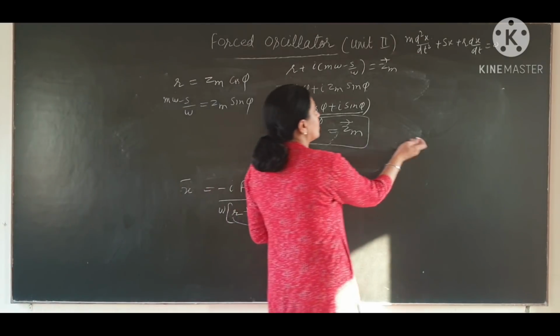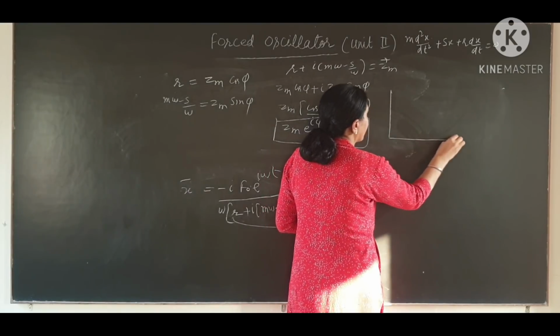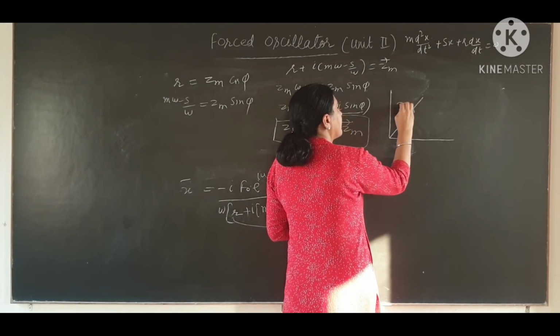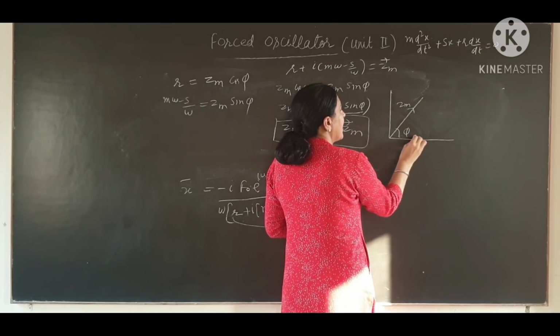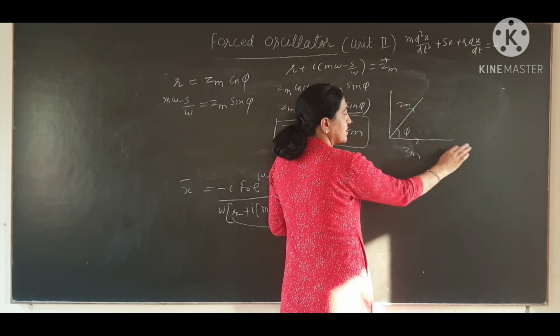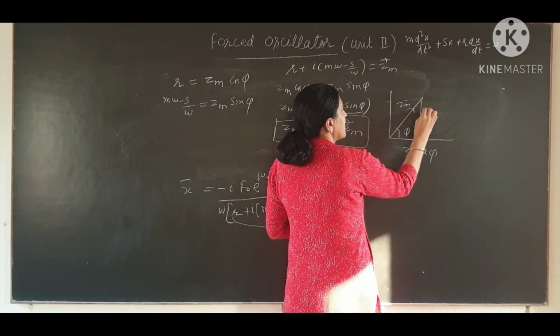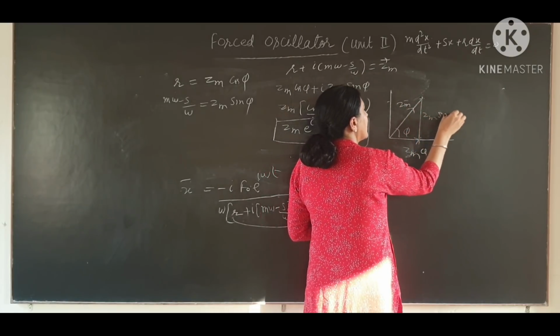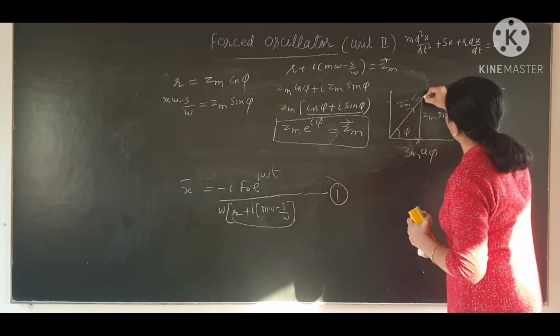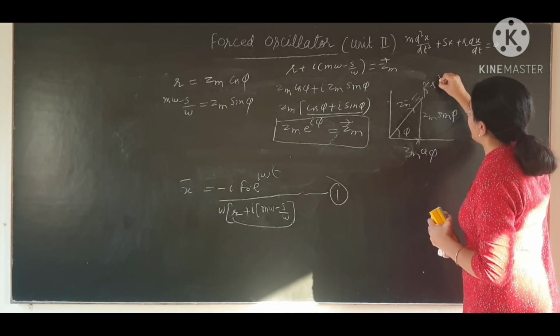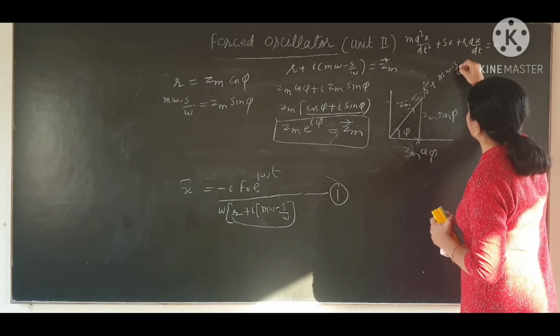Clearly, if you want to represent it graphically, if this is Zm and this angle is phi, on the x-axis horizontal part is Zm cos phi, on the y-axis this part is Zm sin phi, and this Zm is equal to r square plus m omega minus s over omega square.